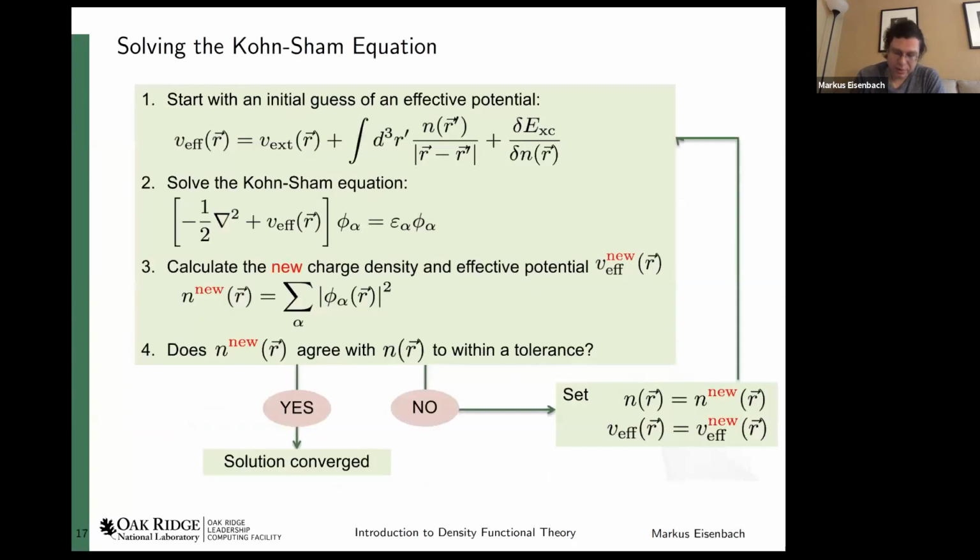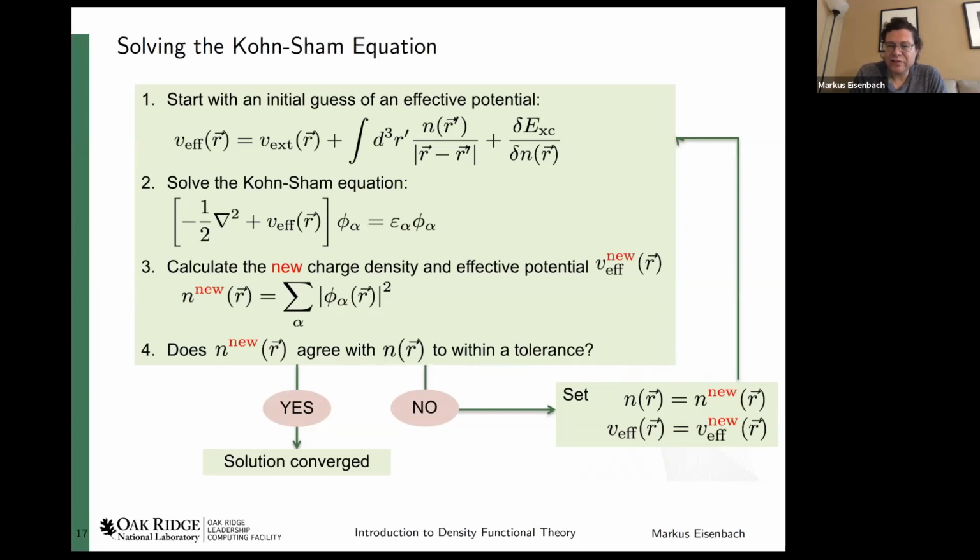So how do we go about solving all this? We start with some initial guess of the effective potential, the Kohn-Sham potential. Use this to solve the Kohn-Sham equation, calculate the new densities, and then we compare the new results that we've got to our initial guess.